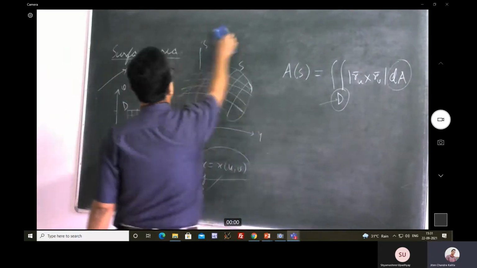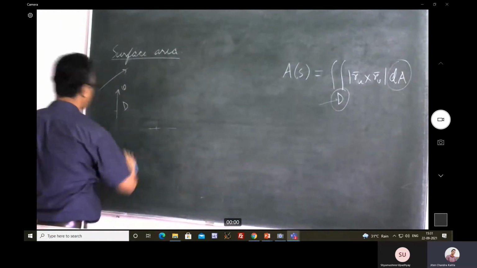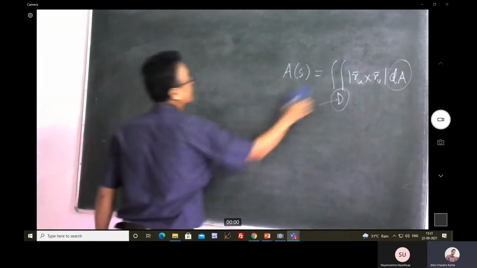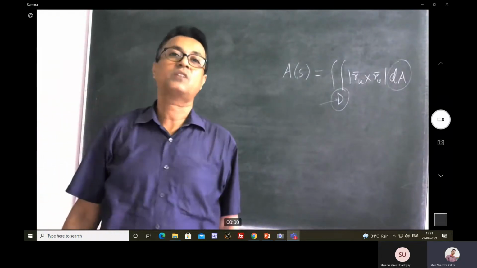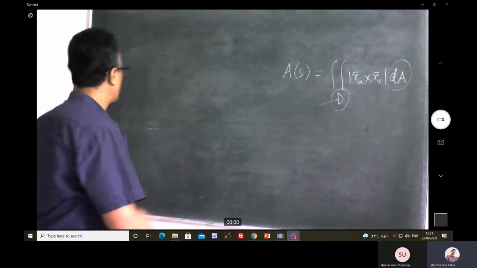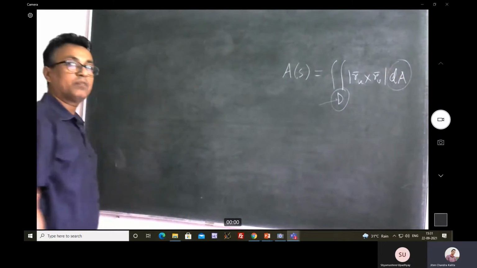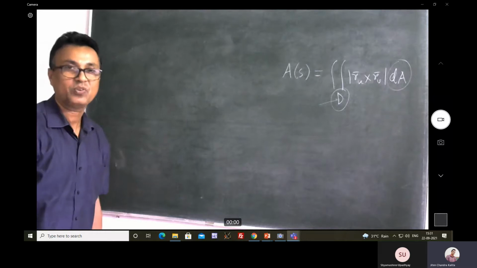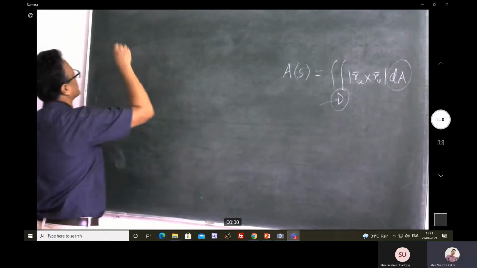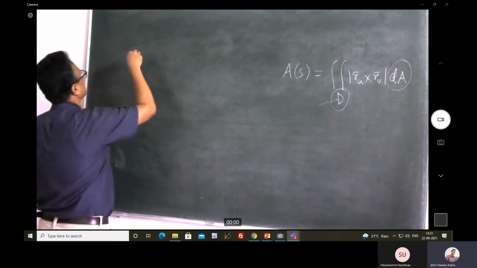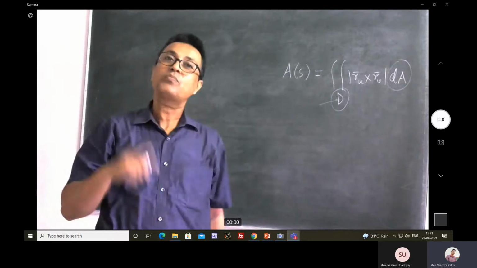Okay, fine. So now, yesterday we have already derived from this formula the area of the surface of revolution. In fact, although I had taken the long route, that could have been accomplished much easier. How is it so? As I have told you, sometimes a surface can be the graph of a function of two variables.